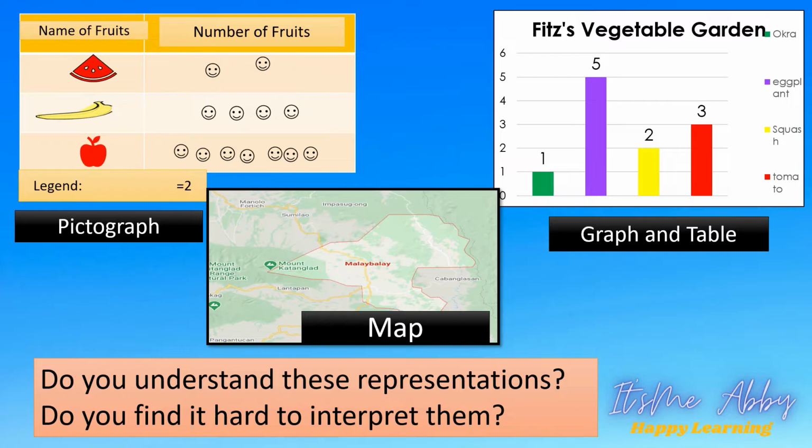Do you understand these representations? Do you find it hard to interpret them? Do you automatically know what the representations mean? If you are still confused, don't quit, because we are now going to differentiate the three representations.